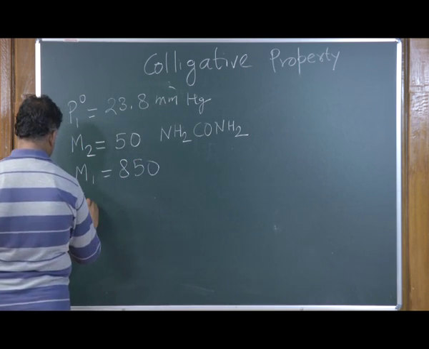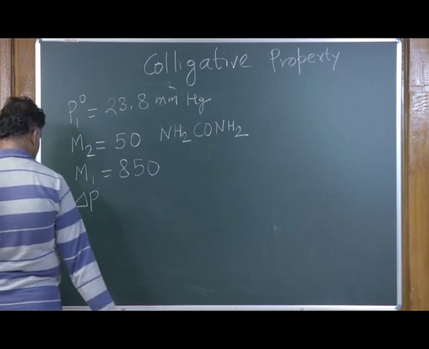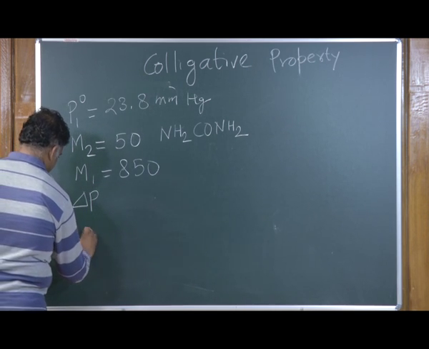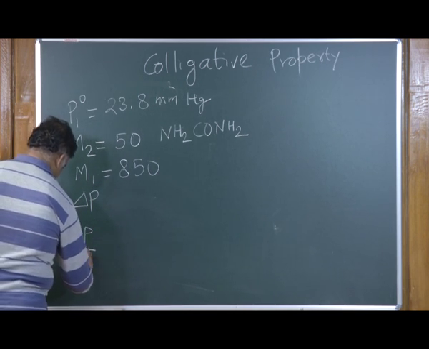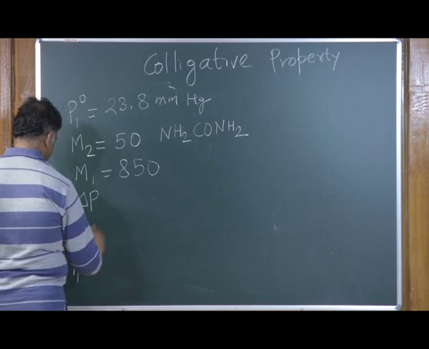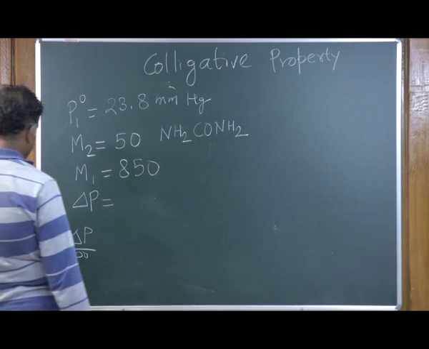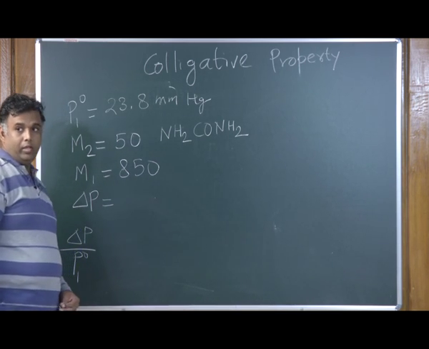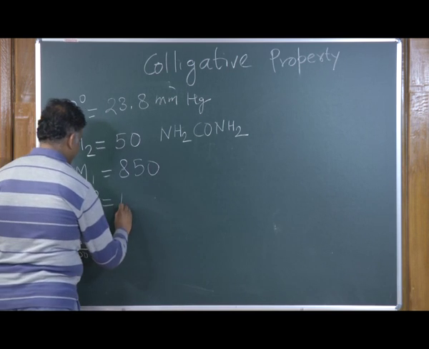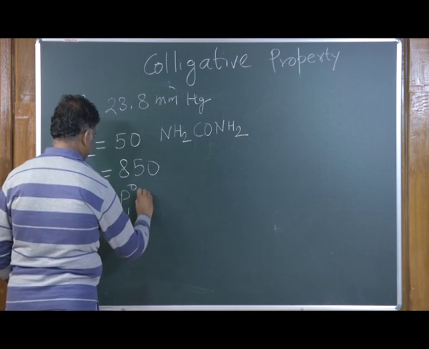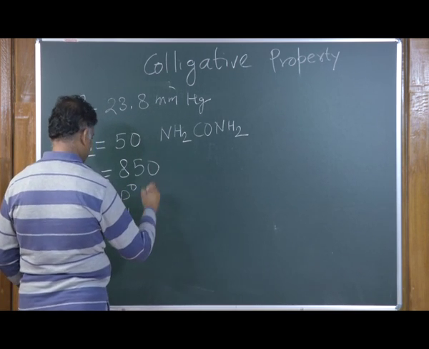It is asking first the lowering and the relative lowering, delta P by P1°. So, we are going to use the formula which we have discussed. Delta P is going to be P1° x 2.